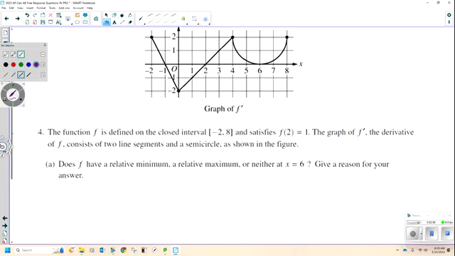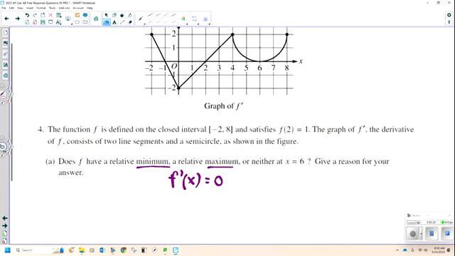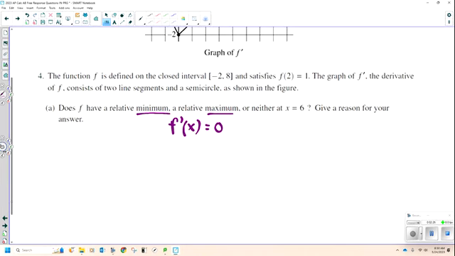If I'm looking for a minimum or a maximum, that means I'm looking at the first derivative, and I see where it's equal to 0. Then around that 0, in reference to the first derivative, if I have a negative to positive first derivative, that means I have a negative slope to a positive slope.